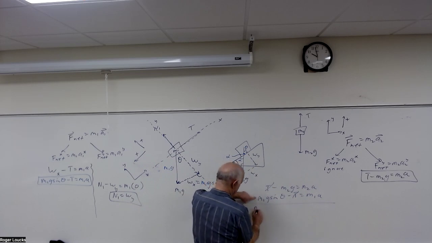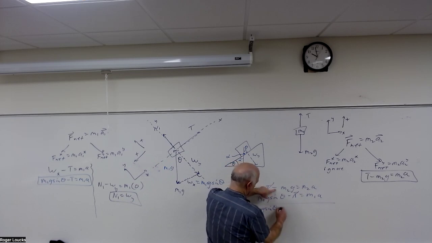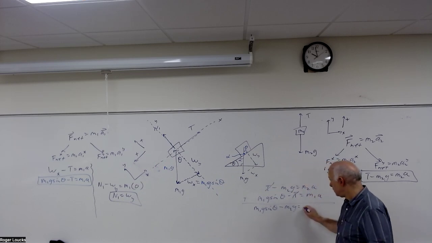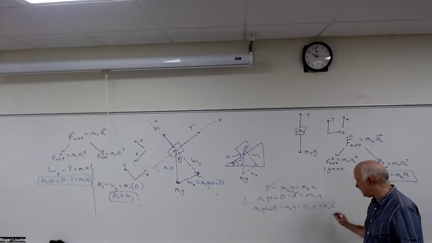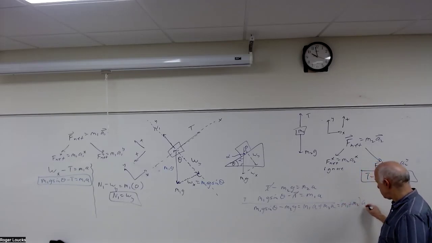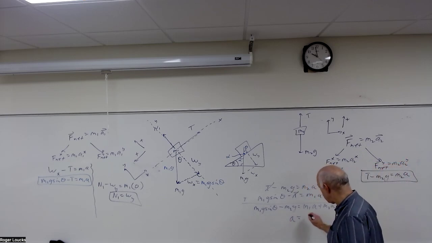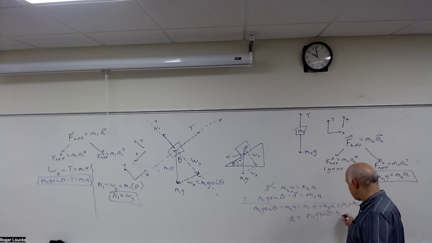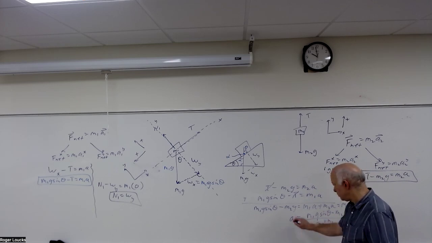I get this fellow, M1G sine of theta, minus M2G, equals M1A plus M2A. I'll factor out the A here, and divide by that factor, and I am done. My acceleration is M1G sine of theta minus M2G, all over M1 plus M2.